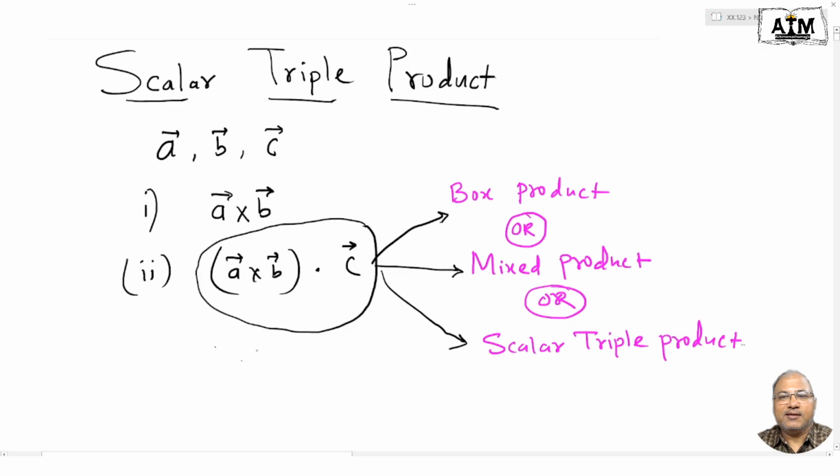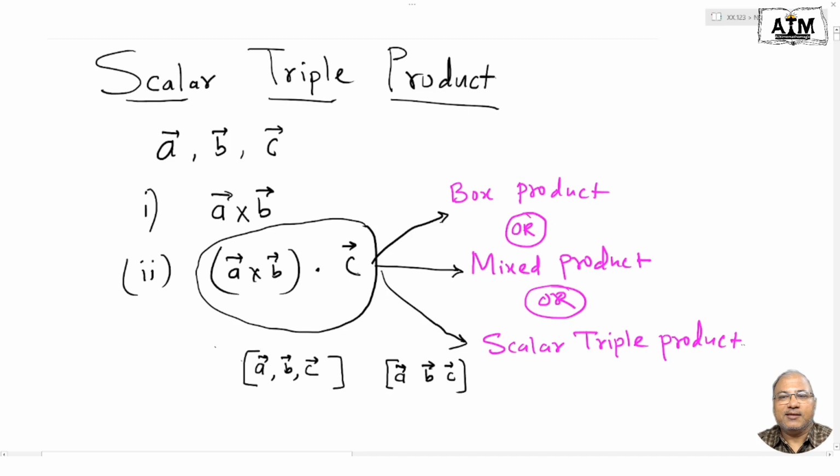And this scalar triple product can be written inside a square bracket like this: vector A, vector B, and vector C. Some books write even a comma there, and some books write without a comma, just A, B, C inside the square bracket. And if you are not using the square bracket, then you simply write A cross B dot C.